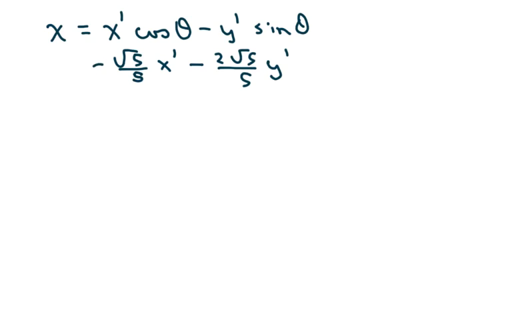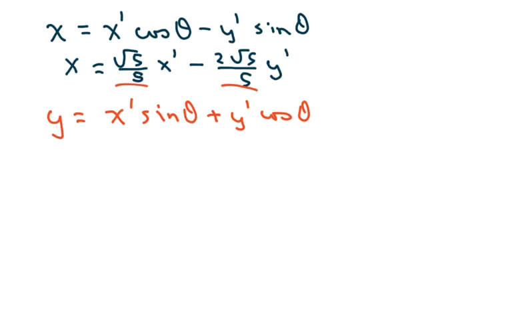All right, so that's your x, and your y is going to be x prime sine of theta plus y prime cosine of theta. So you just switch these around, and you get 2 square root of 5 over 5 x prime plus square root of 5 over 5 y prime.